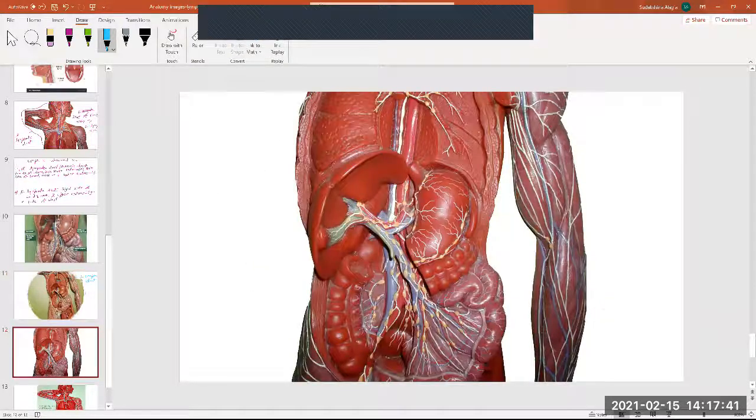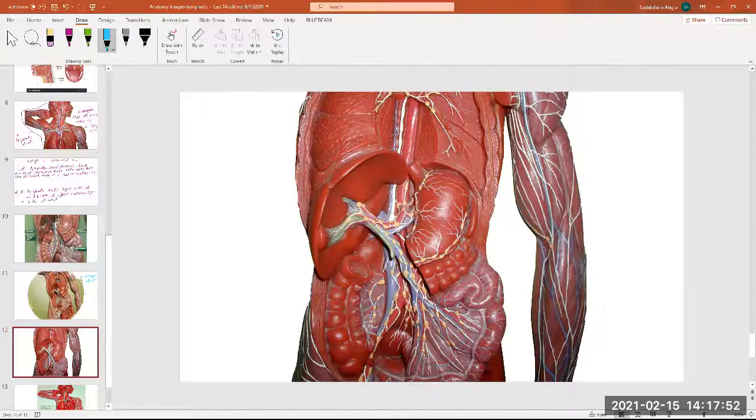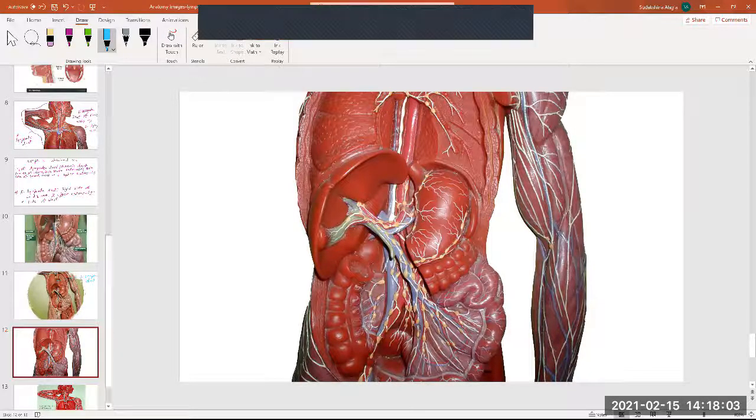Let's enlarge that. So right here, lymph that are drained from the two lower extremities and the entire viscera are basically going into the left lymphatic duct.